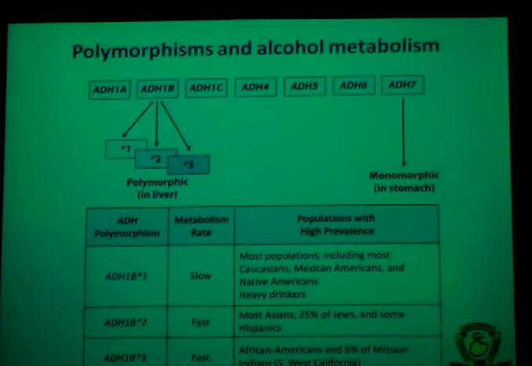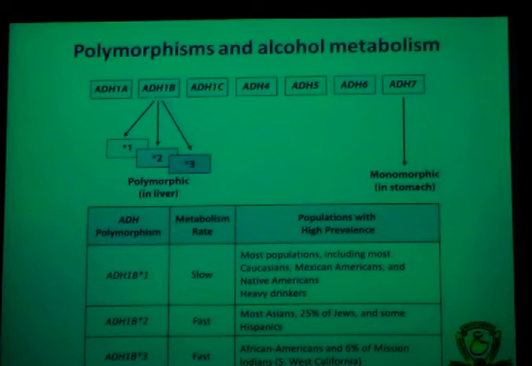How does it impact survival? We will take the example of polymorphism in alcohol metabolizing enzymes. These are all the enzymes that are involved: ADH1A, 1B, 1C, ADH4, 5, 6, 7, and so on. So many enzymes are involved in alcohol metabolism.